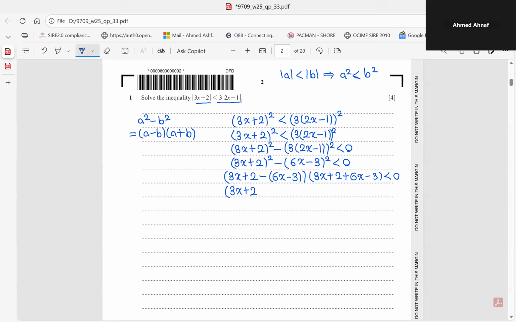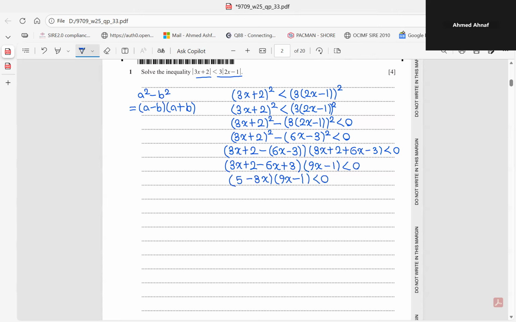Expand out the negative sign: negative 6x, negative 1 times negative 3, that's positive 3. And for this one, just add up everything: 3x plus 6x is 9x, 2 minus 3 is negative 1. Simplifying the first bracket, you would get 2 plus 3, which is 5, minus 6x plus 3x, which is minus 3x. So 5 minus 3x times 9x minus 1 is less than 0. This is our final factorized inequality that we have to solve.